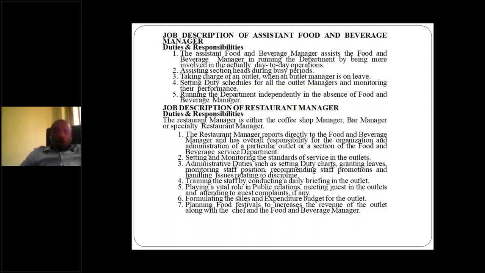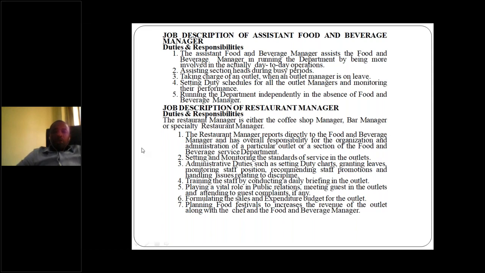When we talk of a restaurant, you can have a coffee shop restaurant, a bar-like restaurant, or a specialty restaurant. A specialty restaurant, as we mentioned before, is a restaurant that may just be serving a special type of food, maybe just Chinese food, or just African food. So he is responsible for that.